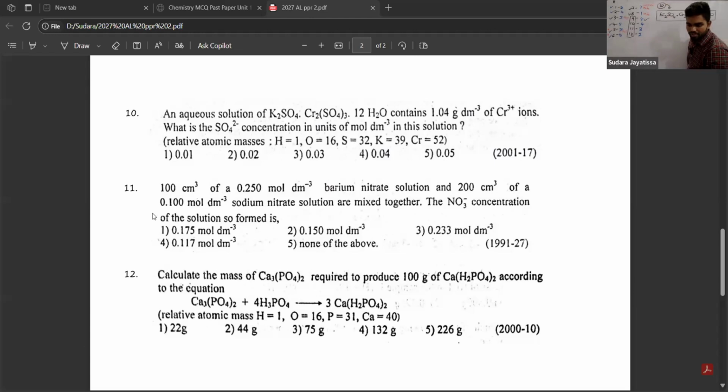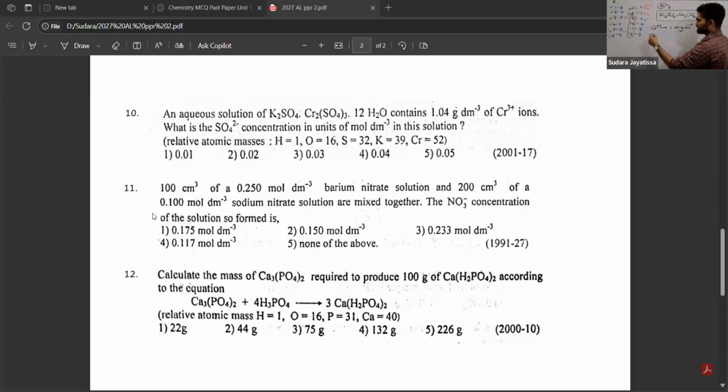10th one. So what is it asking? It is telling chromium 3 plus ions in this compound are 1.04 grams per decimeter cube. Okay, so what is the sulfate concentration in moles per decimeter cube?